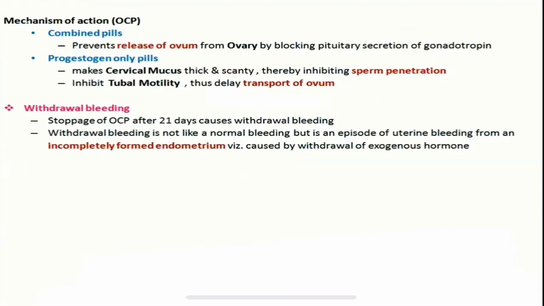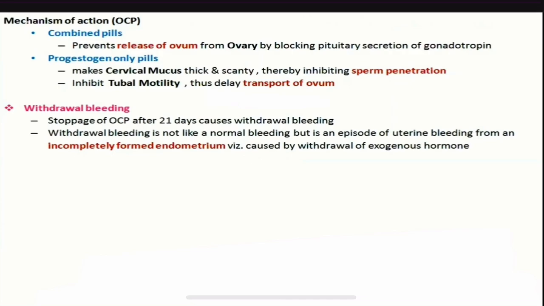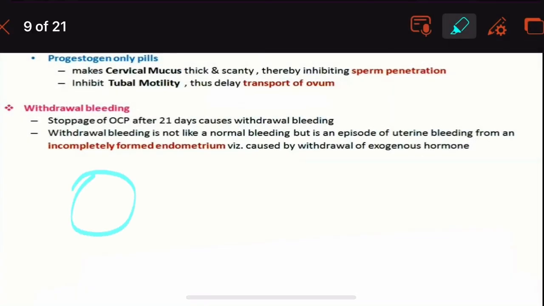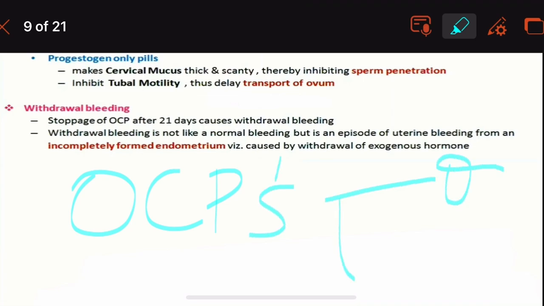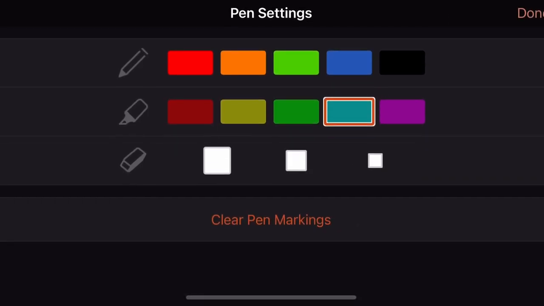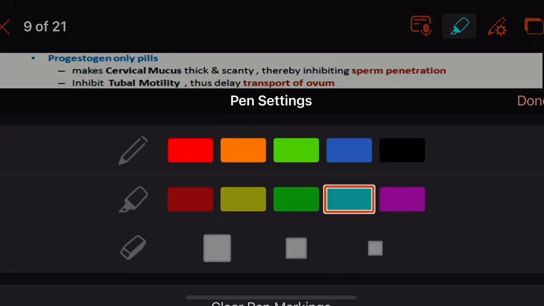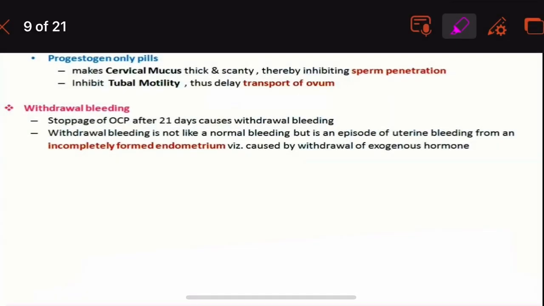Moving on to the mechanism of action in cases of oral contraceptive pills. Before understanding the mechanism, let us summarize the OCPs. So far, what did we study? The classification is oral pills and depot formulations. Under the oral pills, we have 5 subheadings.